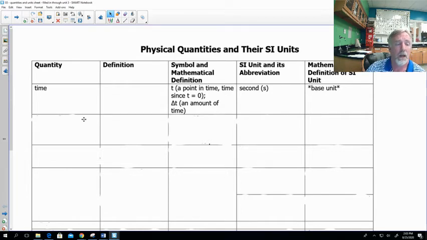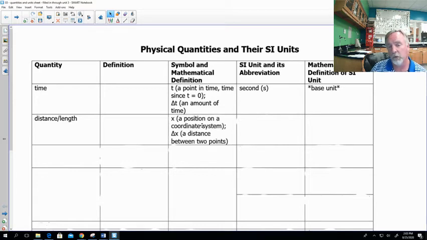Our next thing I want to talk about is distance and length. Our mathematical symbol would be x. We talk about x as a position on our coordinate system. We've done x, y graphs in algebra, a little bit of graphing in chemistry. Delta x, that little triangle, we call that a delta. That just means a difference. So that means your ending point minus your starting point.